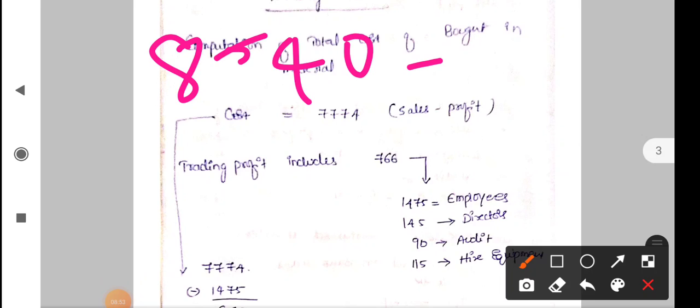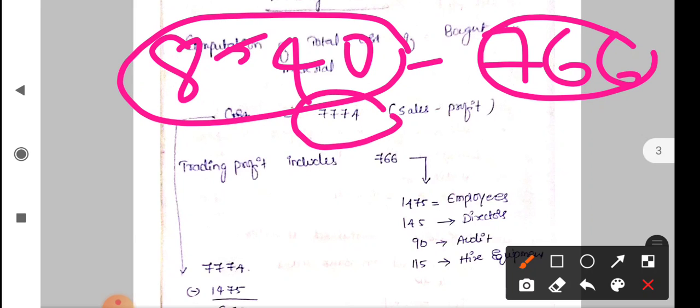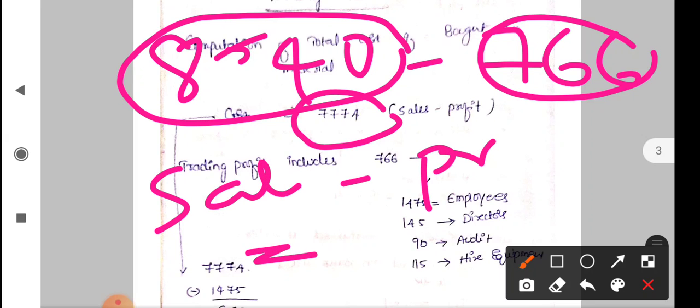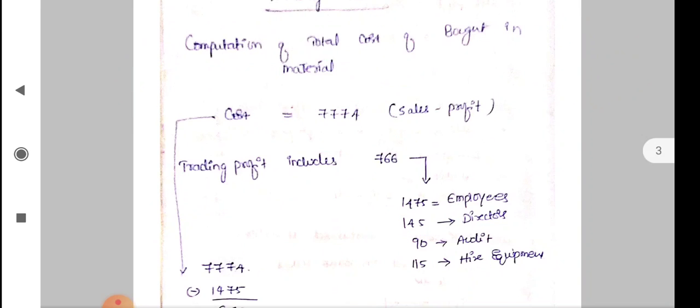Next, the trading profit given is 766. When we deduct the total profit from the total turnover, we will get the cost. Sales minus profit equals total cost, right? So the total cost here is 7,774. This is the cost we have got.